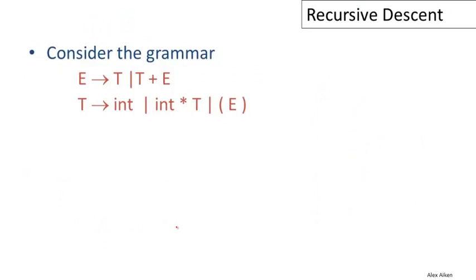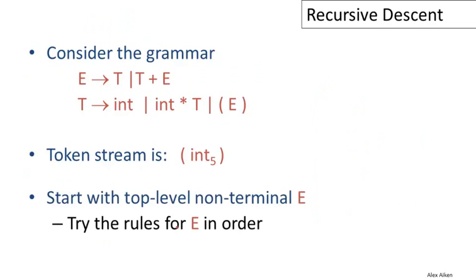So let's consider this grammar for integer expressions. And let's look at a particular input, a very simple one, just open paren 5, close paren. And now what we're going to do is parse this using a recursive descent strategy. I'm not going to actually show you any pseudocode or anything like that.